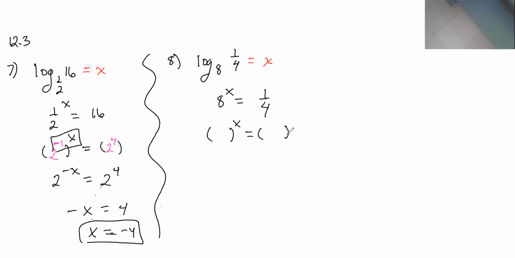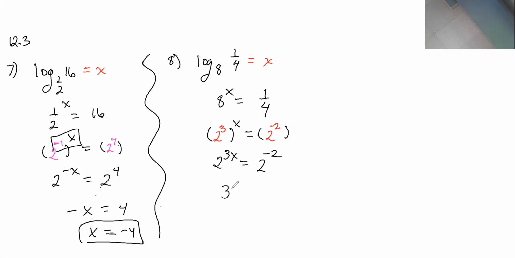All right, and what is the first one? 8 is 2 to what power? 2 to the 3rd. And 1/4 is 2 to what power? 2 to the -2, I believe. Yes, it is. So I have 2 to the 3x equals 2 to the -2.